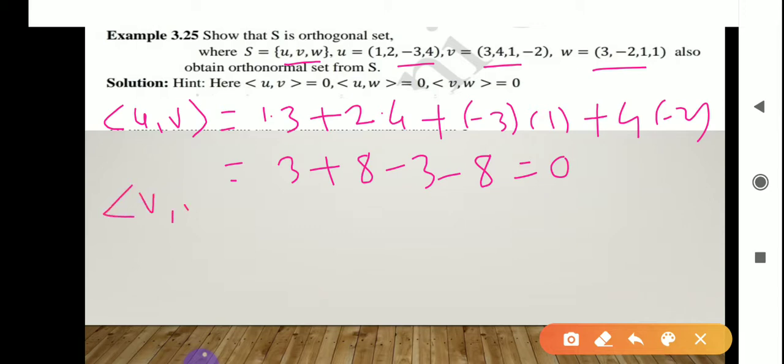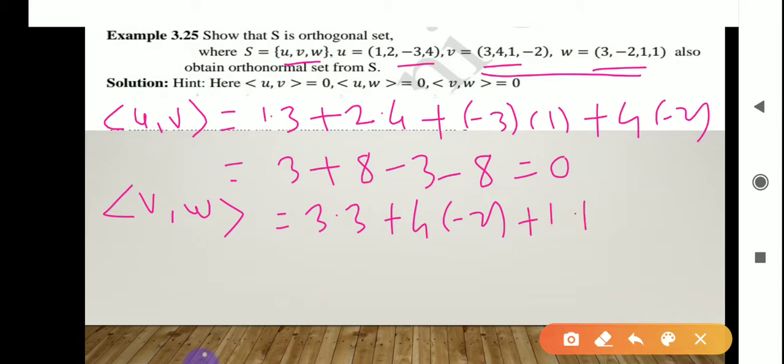Similarly, if we find the inner product of v and w, that is 3 into 3 plus 4 into minus 2 plus 1 into 1 plus minus 2 into 1. So what is this? This is 9 minus 8 plus 1 minus 2.